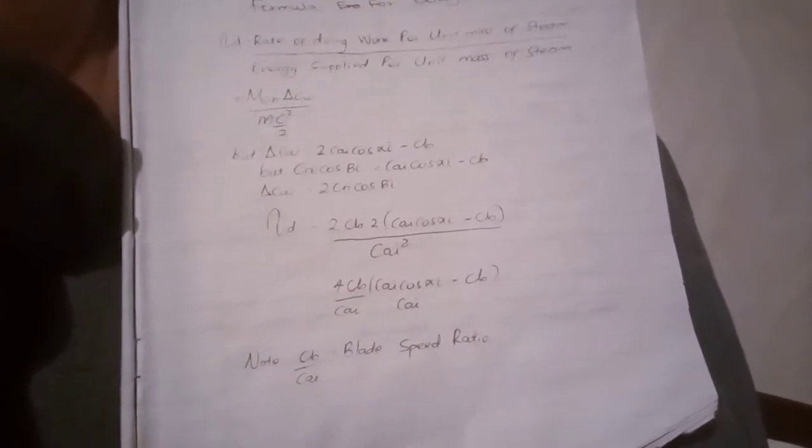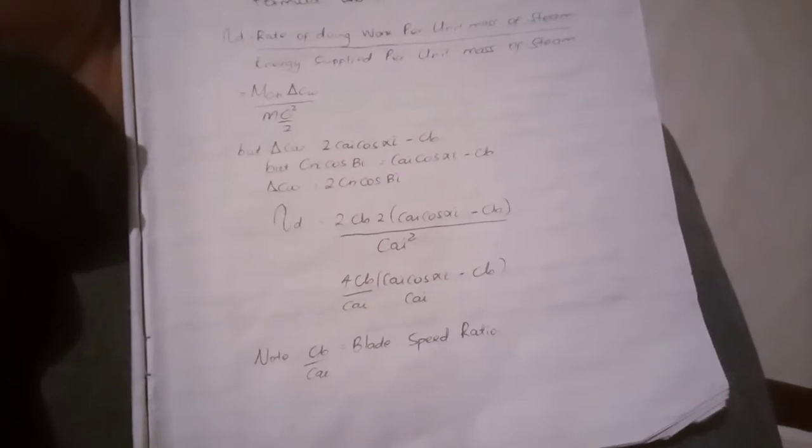That means 4CB over CAI. If you solve the equation, you get that the diagram efficiency is equal to 4CB over CAI into bracket CAI cos alpha I minus CB.